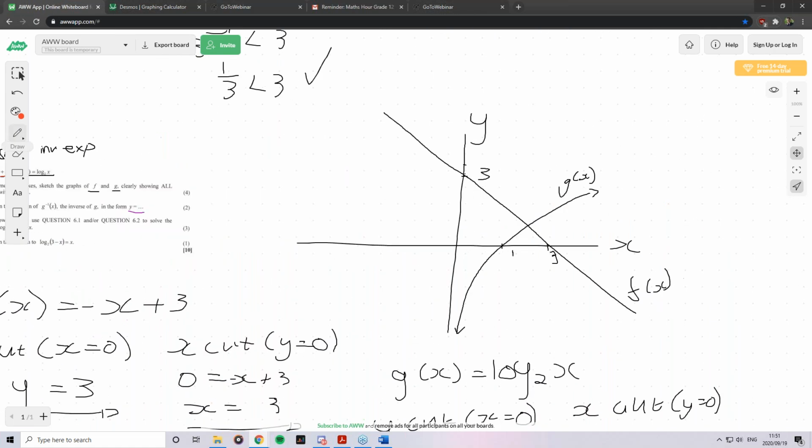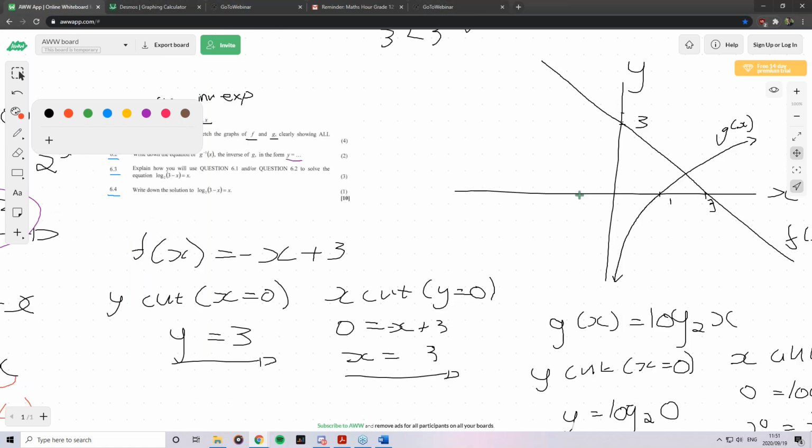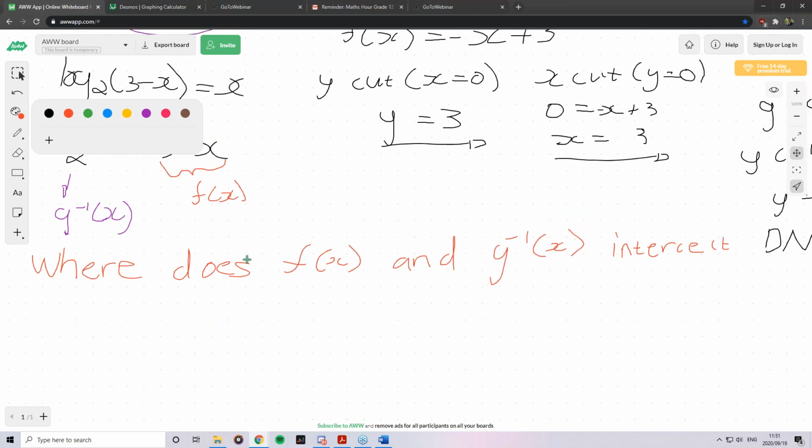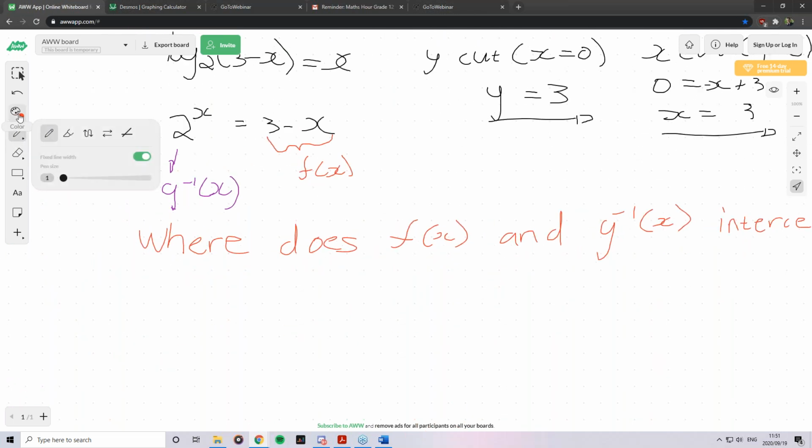Now they say write down the solution. I'm just going to show you this; you don't have to show it like this either. You can just say 2 to the x is equal to 3 minus x. I can just reason this. What must x be so that this holds?